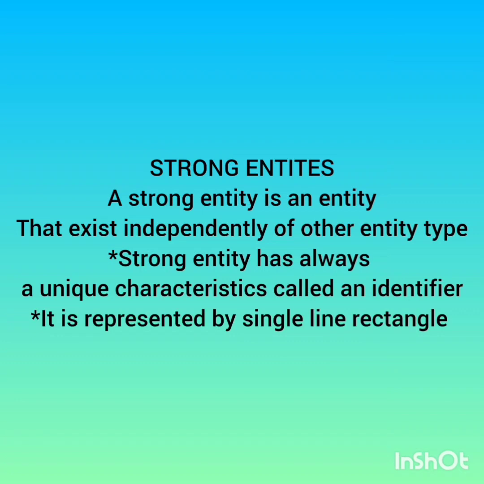Strong entities. A strong entity is an entity that exists independently of other entity types. A strong entity always has a unique characteristic called an identifier. It is represented by a single line rectangle.